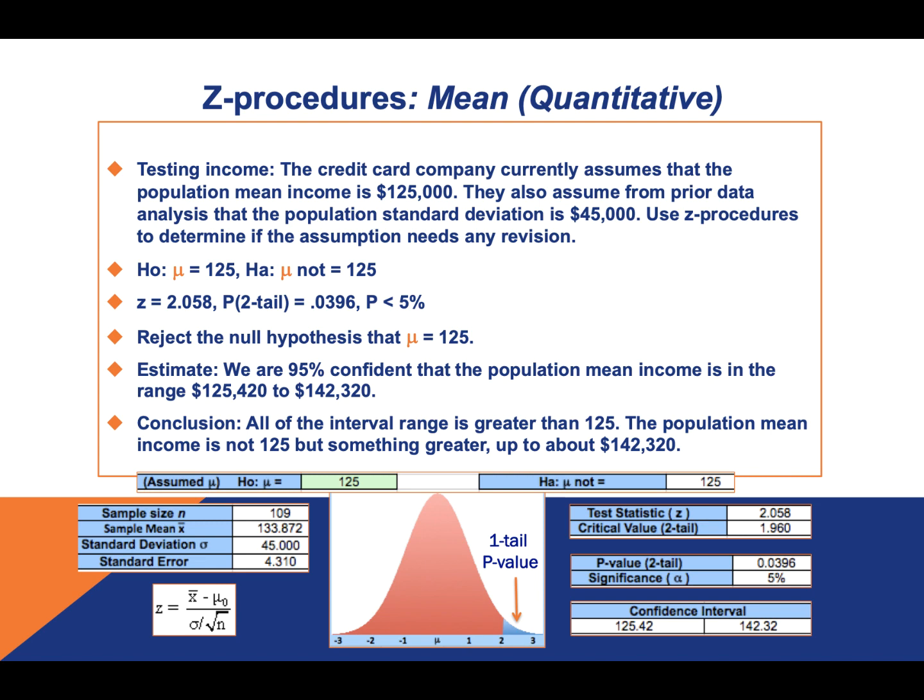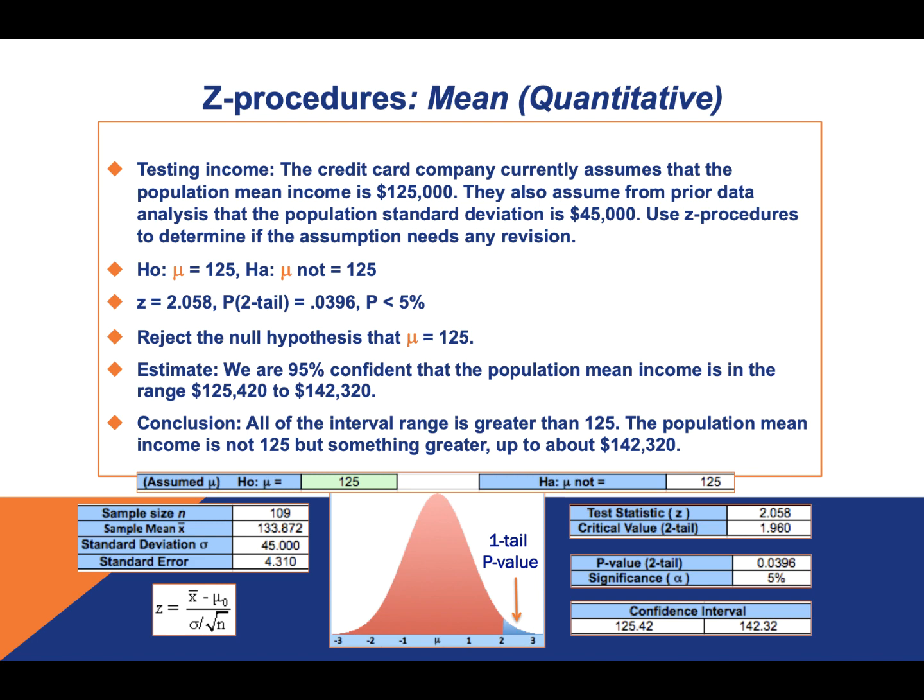First, we would formulate null and alternative hypotheses. If we would like to test the assumption of 125 for a population mean, that becomes our null hypothesis. If we reject that null of mu equals 125, we conclude alternatively that mu is not equal to 125.